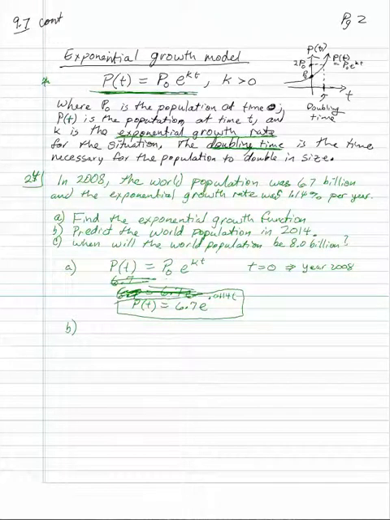B, predict what the world population will be in 2014. So if it's 2014, that's 6 years. So t equals 6 is 2014. So we're asking what's P of 6. So 6.7 e to the 0.0114 times 6.